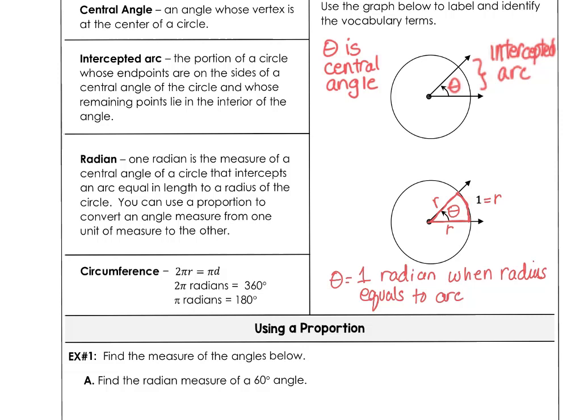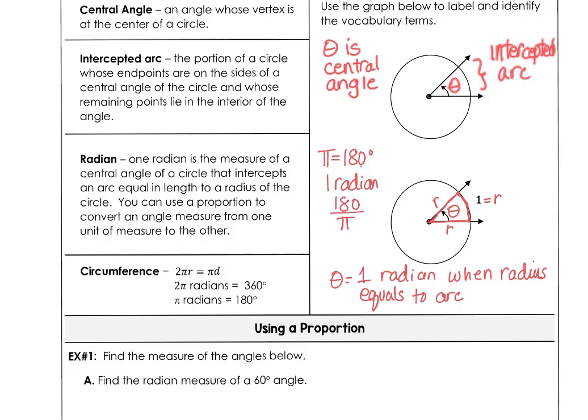And if you think about it, if pi is 180 degrees, then pi radians and 180 degrees are equivalent. So 1 radian would represent 180 divided by pi.